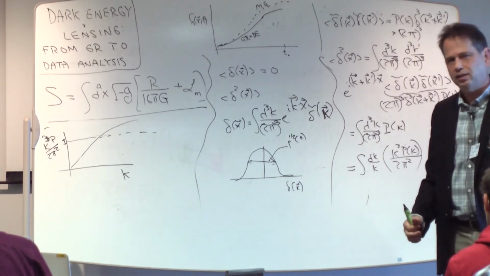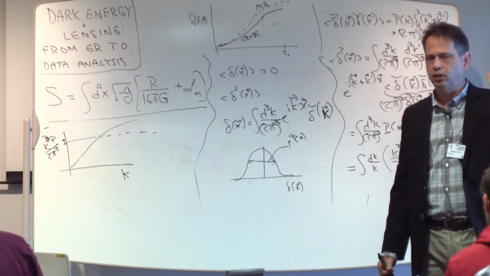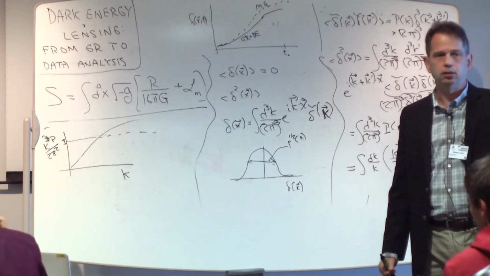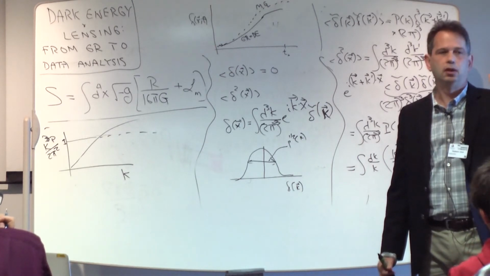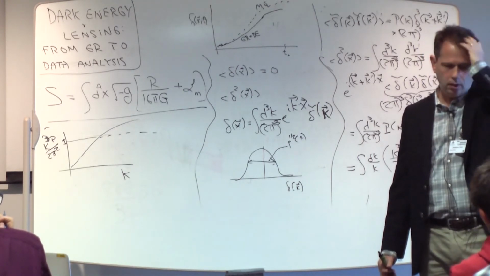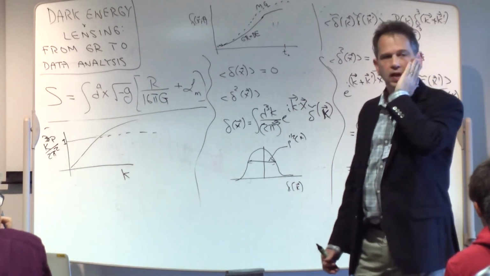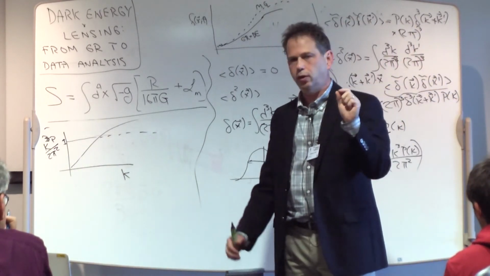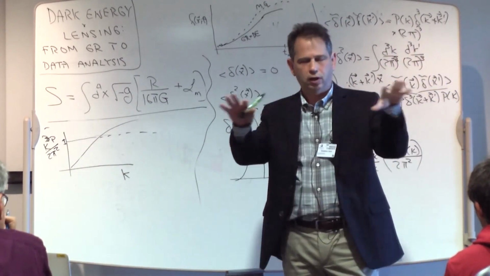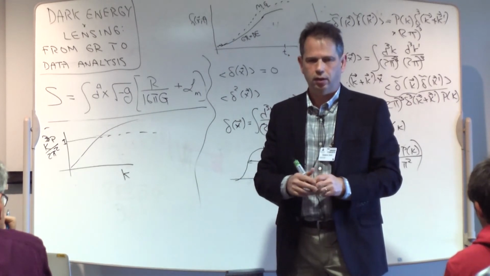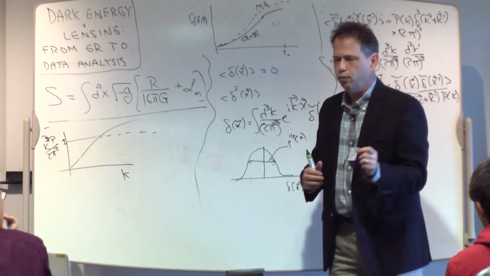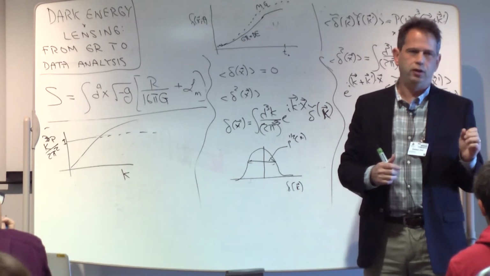Okay, so an exercise. How many people were able to download Cosmosis before the lecture? Okay, so about half. I suggest you start gathering around people who have done it in a minute. But one thing you might do is, has anyone run demo 1?